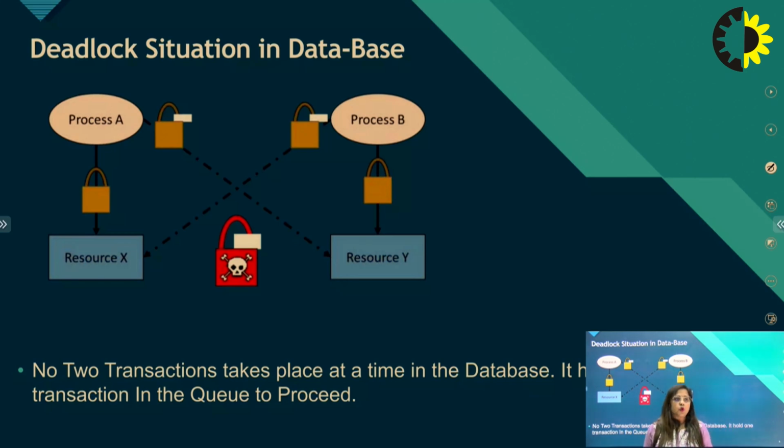According to this, process A holds resource X and waits for resource Y. The same condition occurs on the other side: process B holds resource Y and waits for resource X. So both processes are blocked, which means no transaction can take place in the database at a time. This condition is called a deadlock.